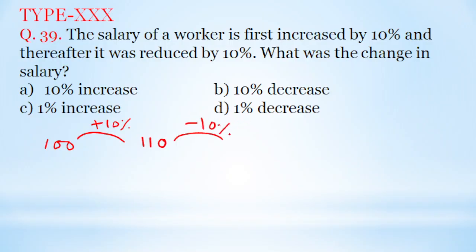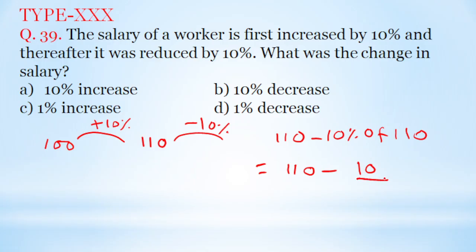So it is 110 minus 10% of 110. So that is equal to 110 minus 10 by 100 into 110.